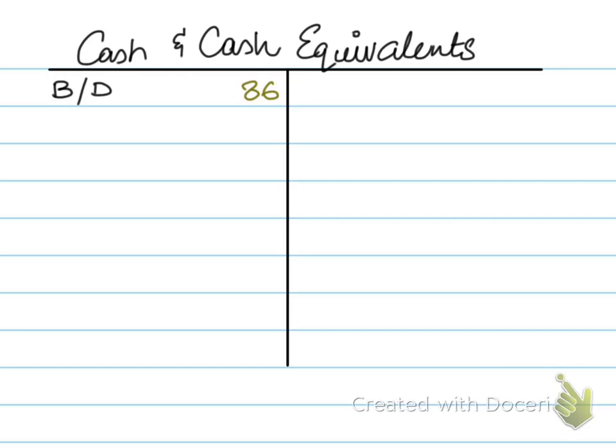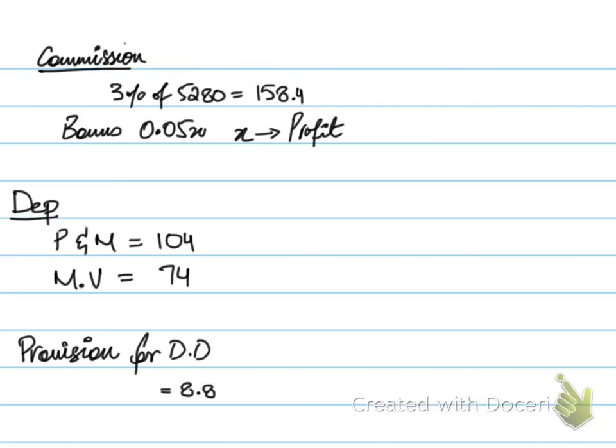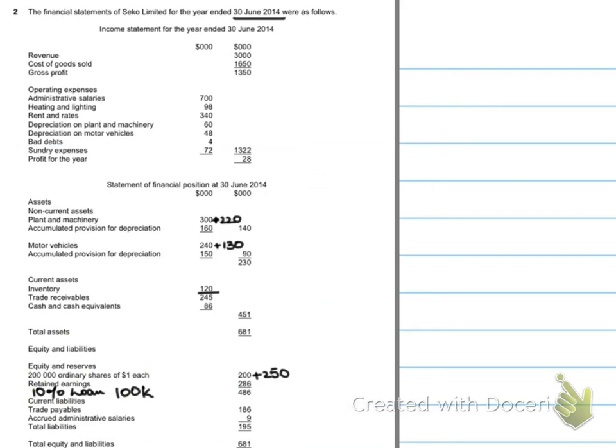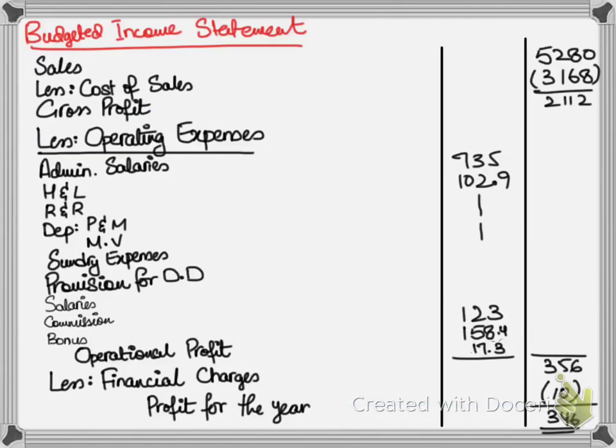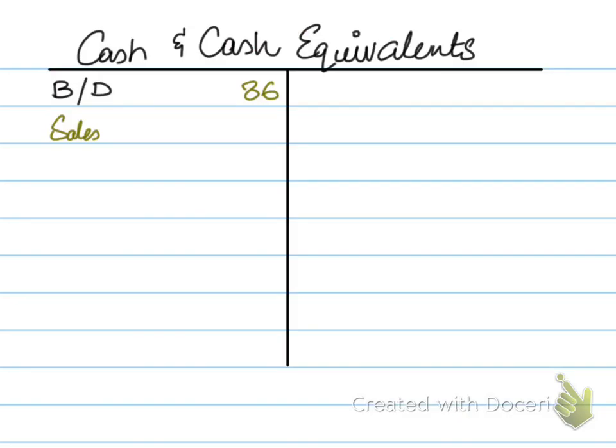Now I received payments for 11 months. So basically 11 months plus the opening trade receivables. So 245 plus 11 into 440. This will give me 5085.